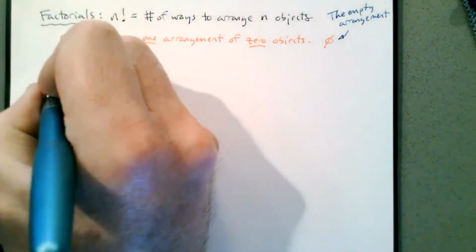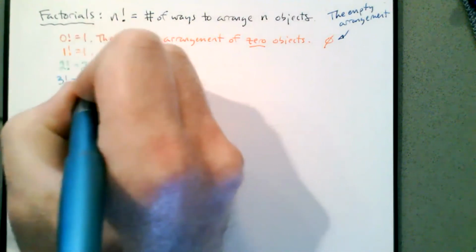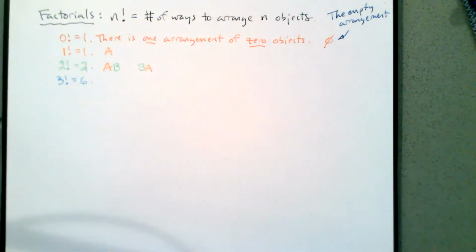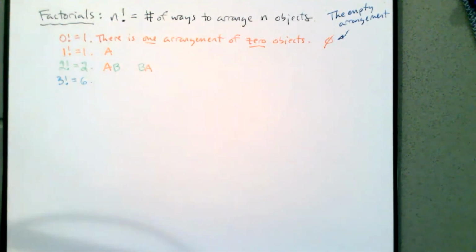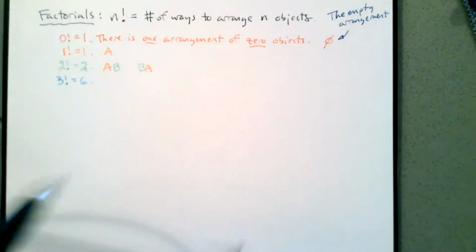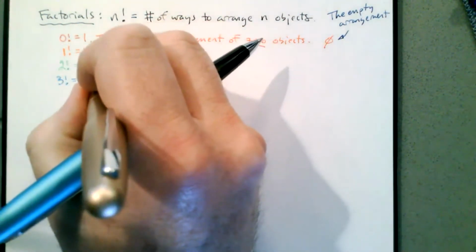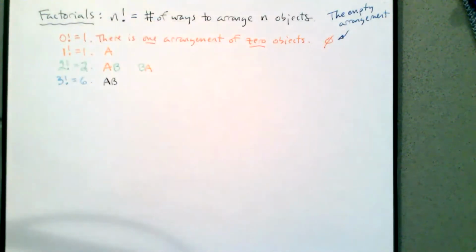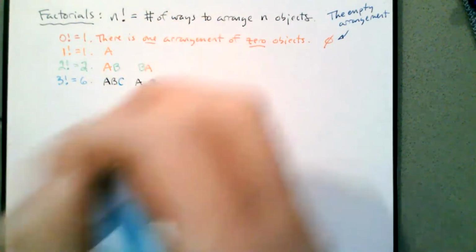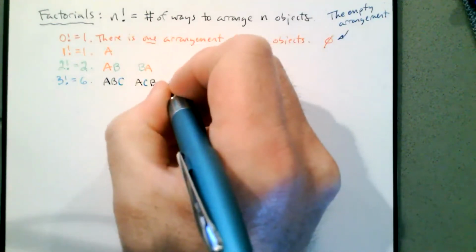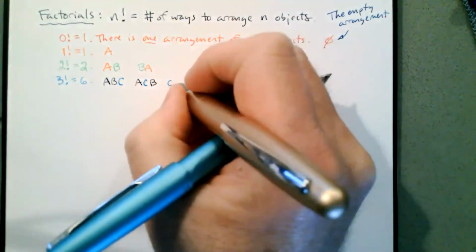3 factorial is equal to 6. There are 6 arrangements of 3 objects. This makes sense because for each of the 2 arrangements of 2 objects, I have 3 places I could put a C. So with AB, I can have CAB, ACB, and ABC.